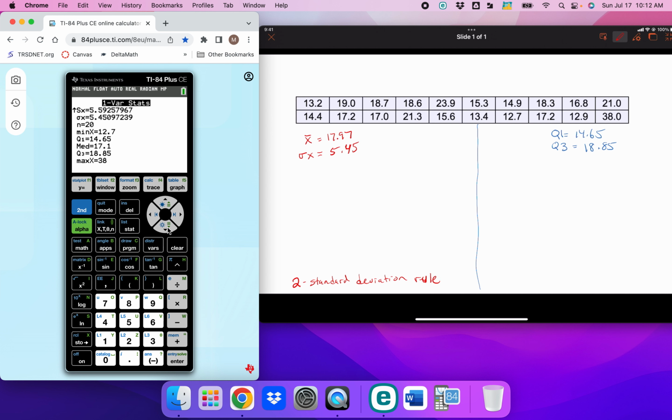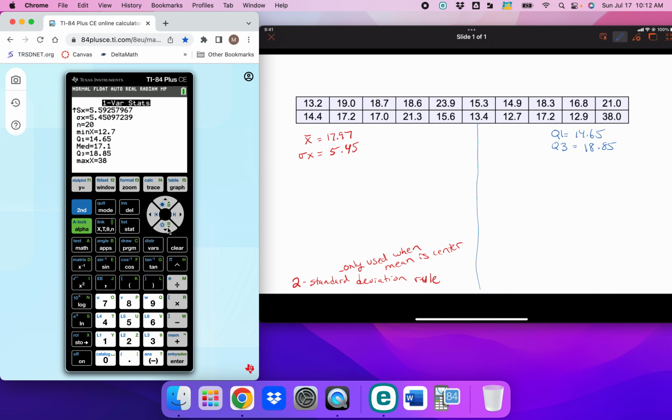The 2 standard deviation rule is only used when we are using the mean as our center. I guess I should have left more room. Only used when mean is center. When you are using mean, you use the standard deviation rule.